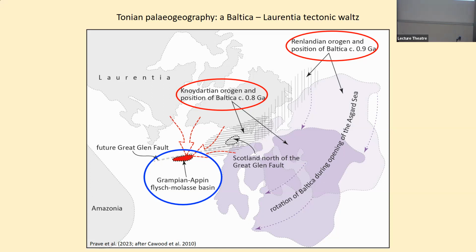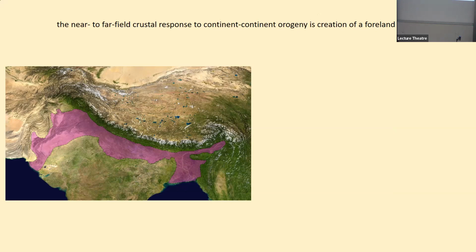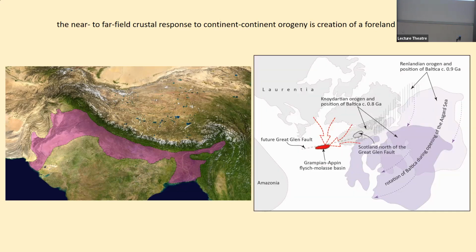In other words, here is the archetype of a foreland basin related to continent-continent collision with India, the subcontinent, colliding with Asia to give us the Siwalik foreland basin highlighted in pink. There is the North Atlantic paleogeography during early Neoproterozoic time.